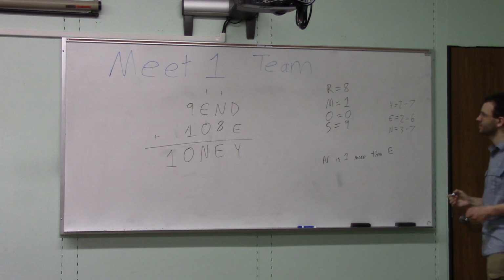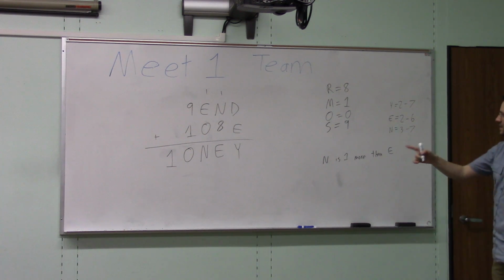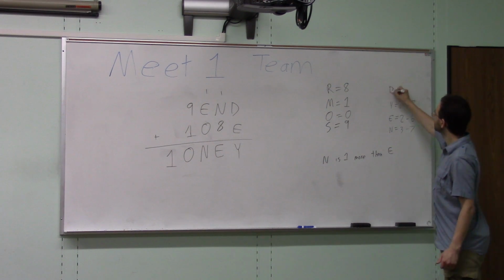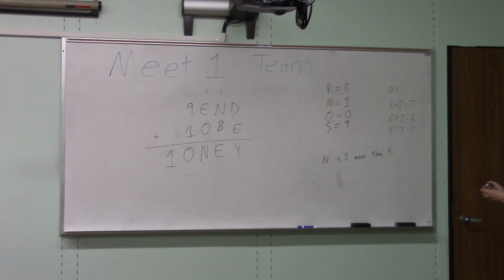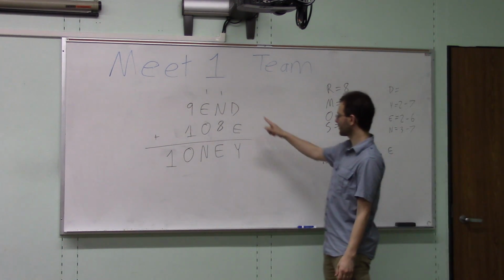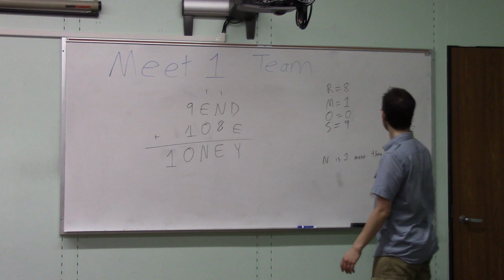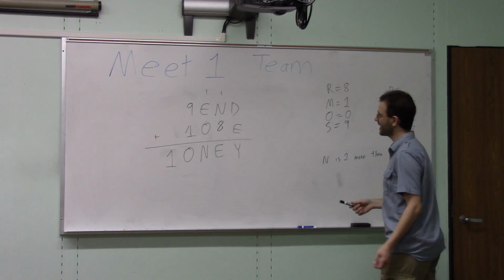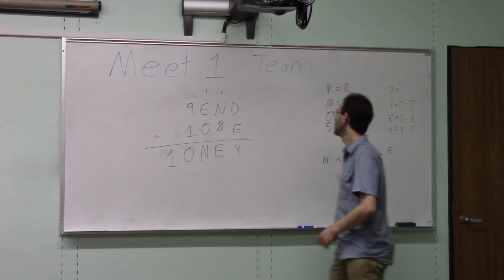And what else is there? Me, and then we also need d. What could d be? Well, d has to be fairly big, because whatever e is and whatever d is have to add up to carry a 1.